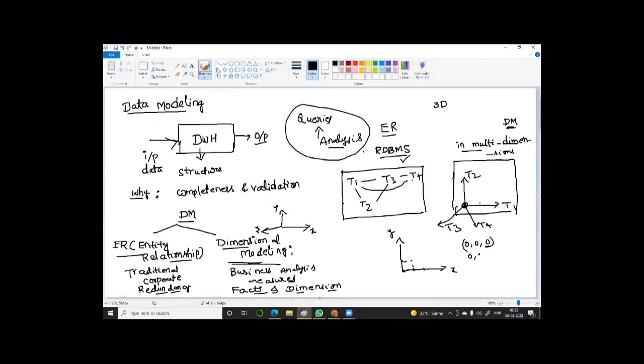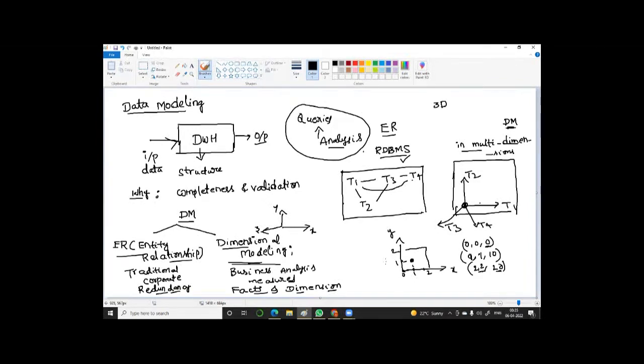Then 1 comma 1 comma 10, the z value at that point may be 10. Let us say 2 comma 2 comma 20, meaning at that point the value is 20. So the third dimension value you can easily identify by taking the first and second dimensions.